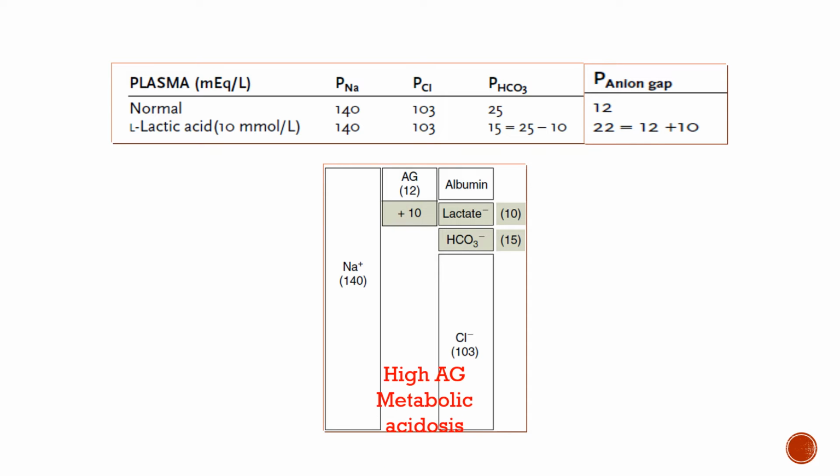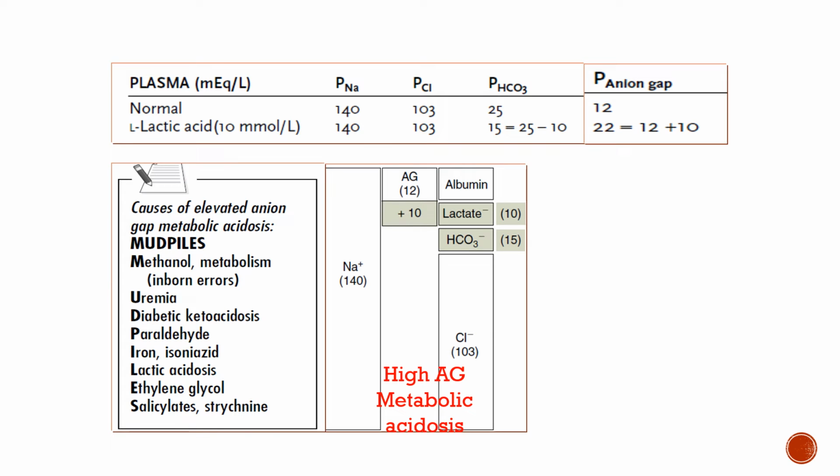And this is high anion gap metabolic acidosis, and these are the causes of high anion gap metabolic acidosis. They are methanol toxicity, uremia, diabetic ketoacidosis, paraldehyde toxicity, iron and INH toxicity, lactic acidosis, ethylene glycol toxicity, and salicylate toxicity.